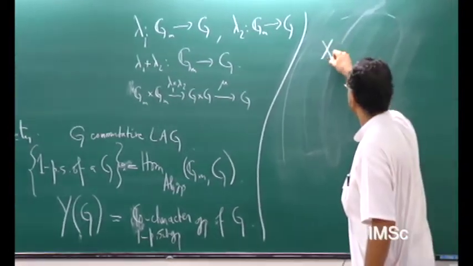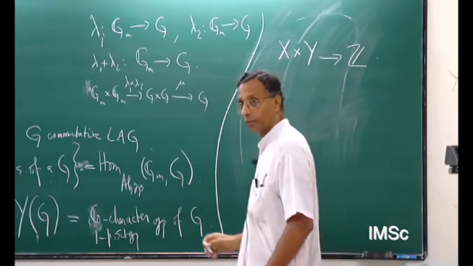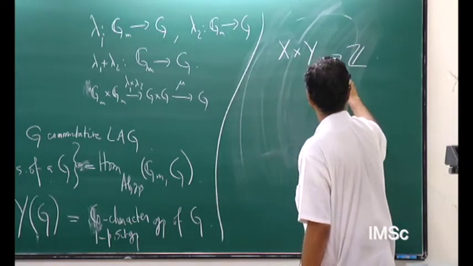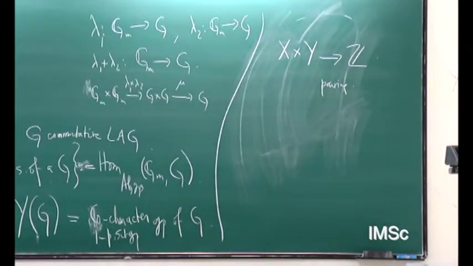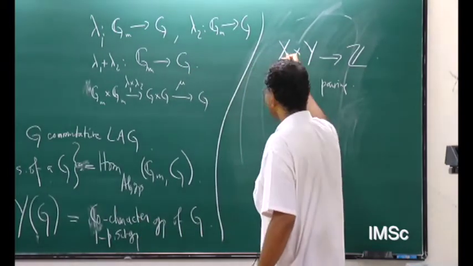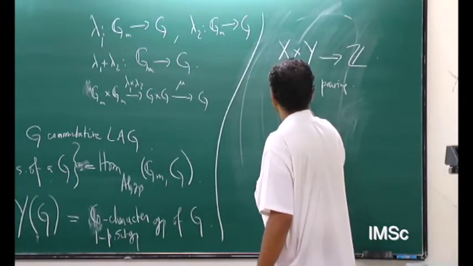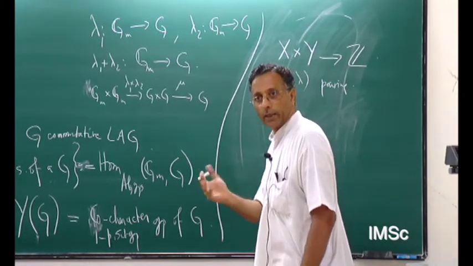Okay. Now, there is a pairing. So X is the character group of G, Y is the co-character group of G. Then we get a natural pairing as follows. Chi is notation for the character, lambda is notation for the co-character. These are standard notation.